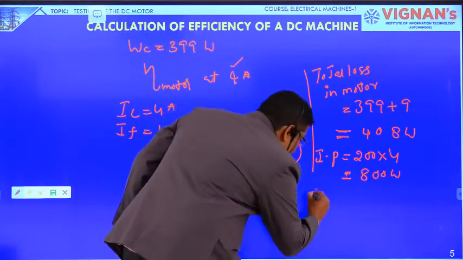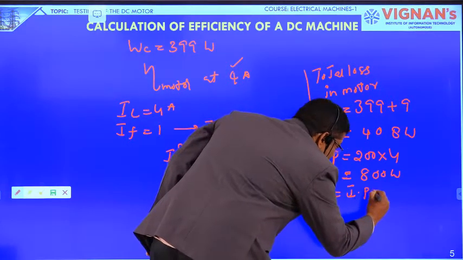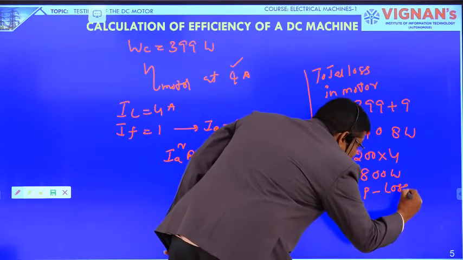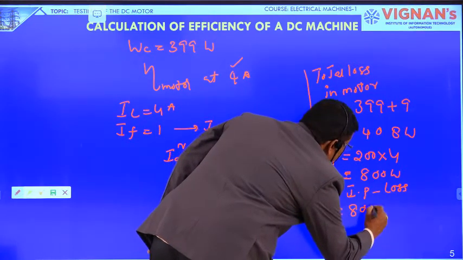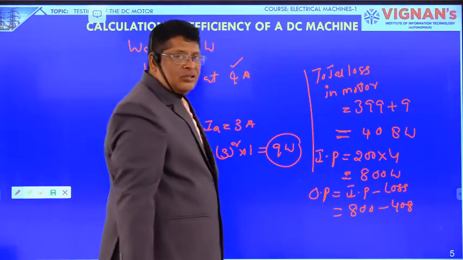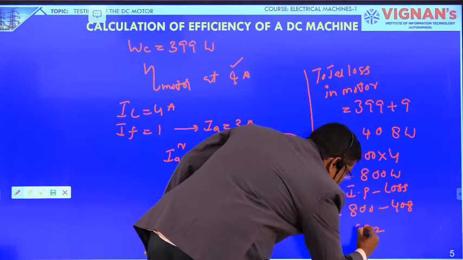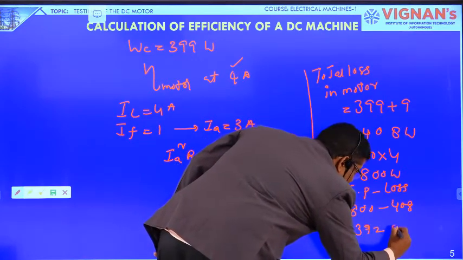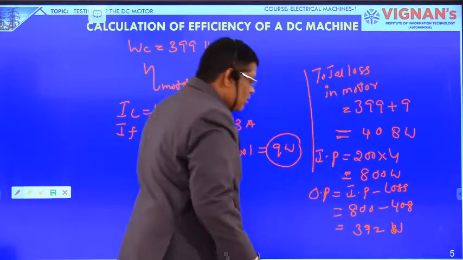Now output equals input power minus total losses, which is 800 minus 408 watts. How much value are you getting? 392 watts.